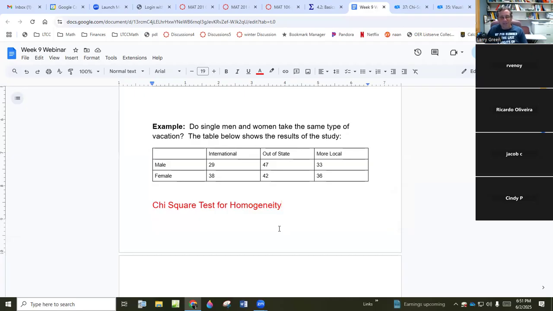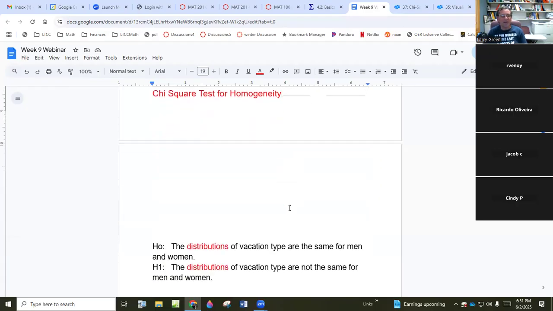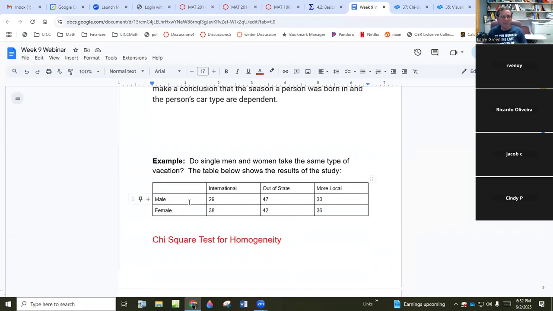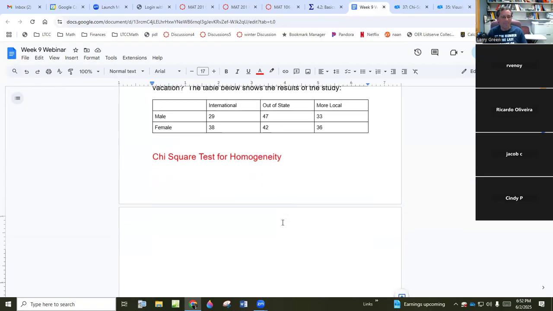All right, so the next thing we have to do once we have decided what kind of test we're going to do is write down the null and alternative hypotheses. So here we go. H naught is the distributions. Notice this S because we have the distribution of men and we have the distribution of women, the men's travel type and the women's travel type.